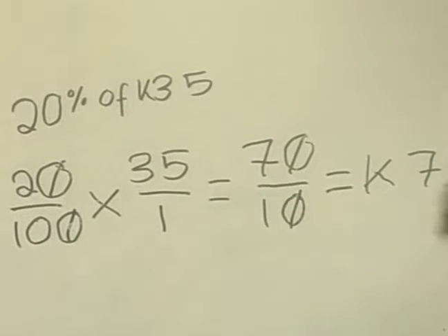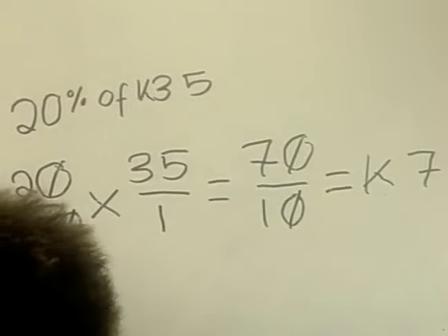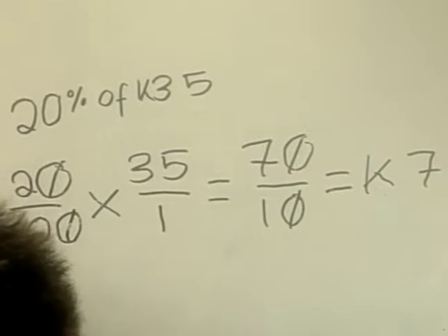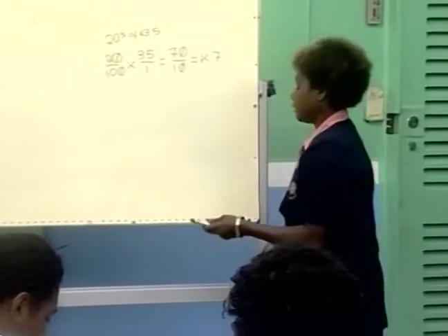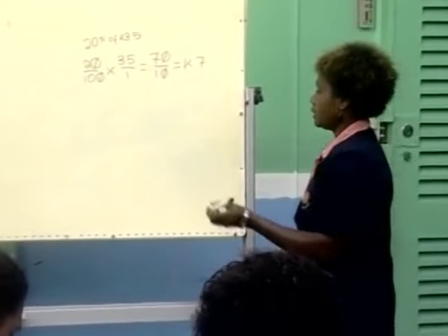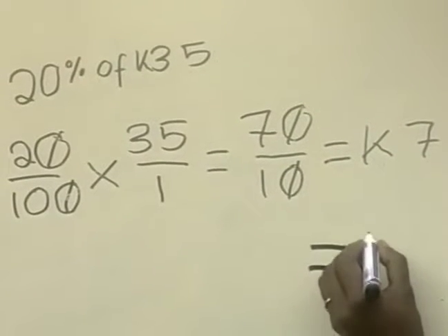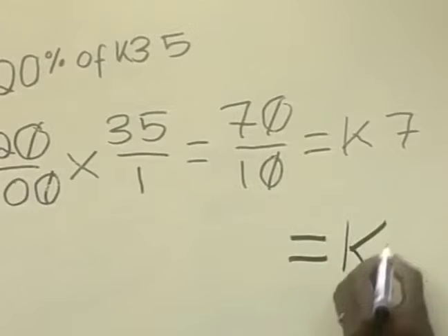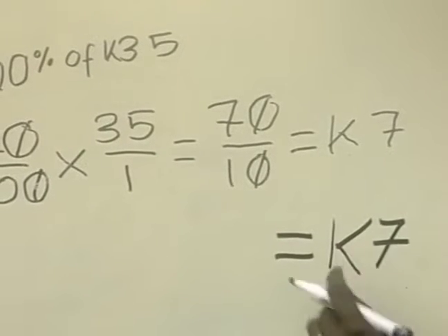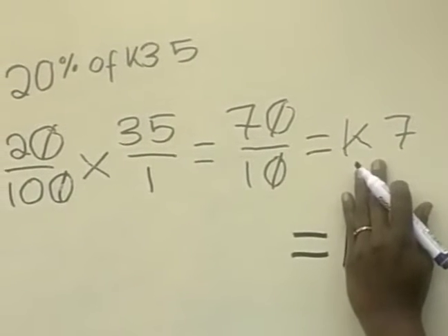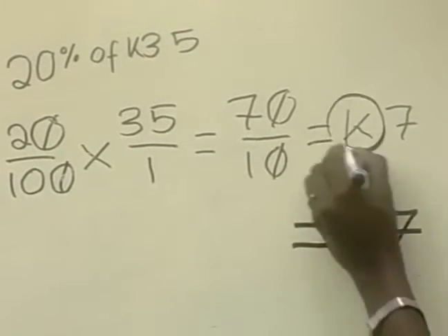It has to be 7 first, and later the actual answer should be written later. First of all, you just do away with the units.